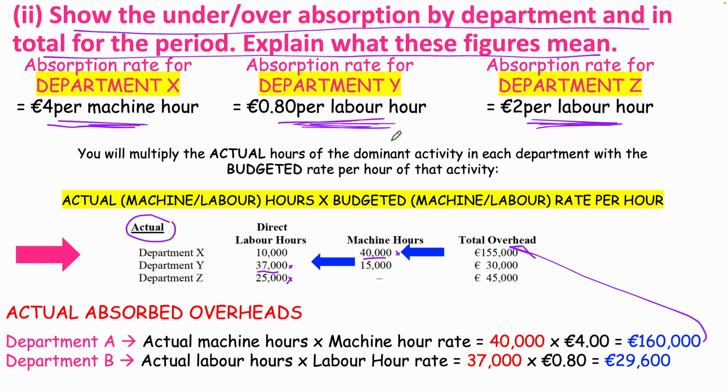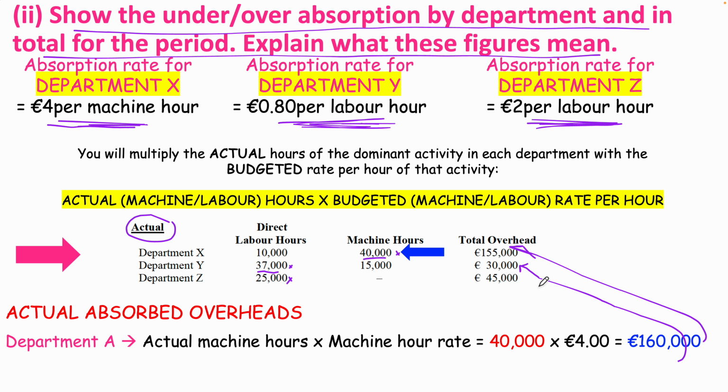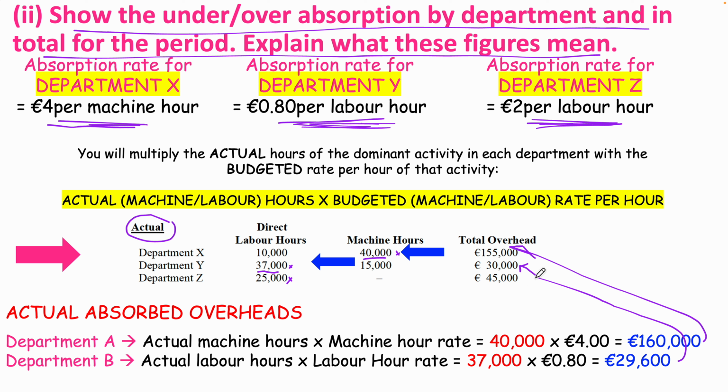Multiply that by the rate that the management accountant came up with, and that is €29,600. That's what the management accountant thinks it should have cost, but it actually cost 30,000. So that is not good, because that's actually €400 more than what the management accountant thinks it should have cost.